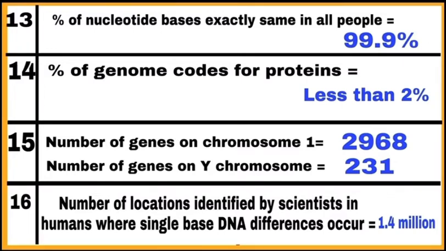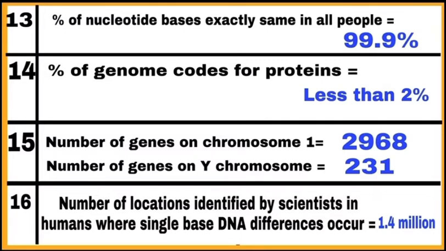Percentage of genome code for proteins, it is less than 2% of genome that codes for proteins. Point 15. Number of genes on chromosome 1 is 2968. Chromosome 1 has the most genes and number of genes on Y chromosome is 231. Y chromosome has the fewest number of genes.